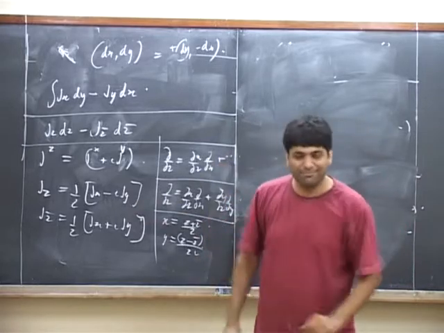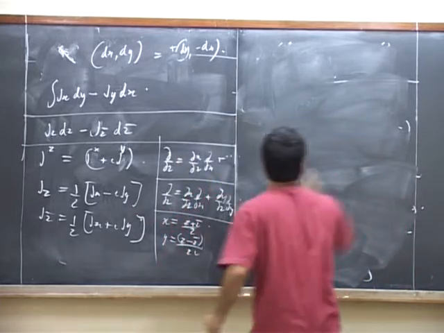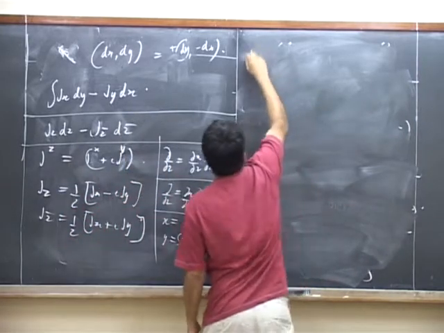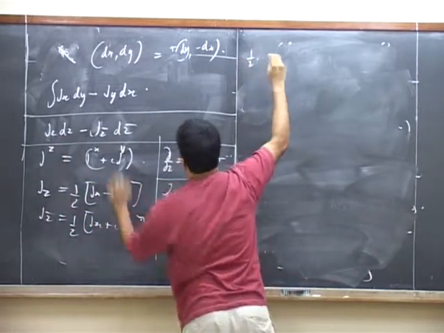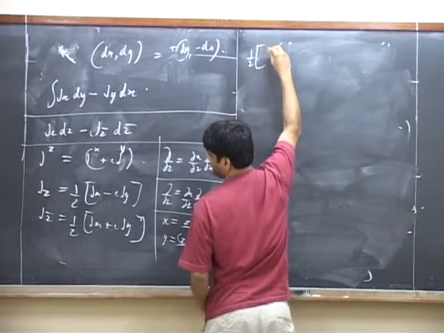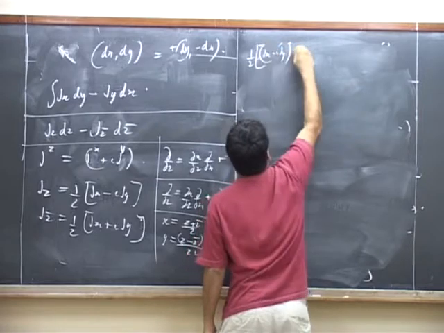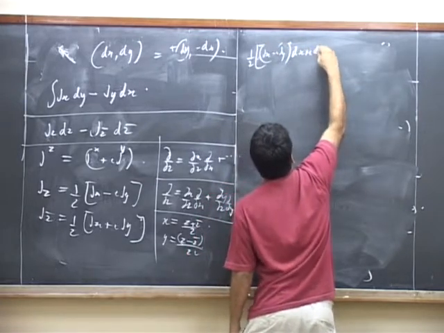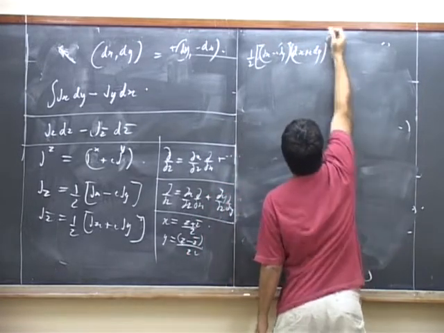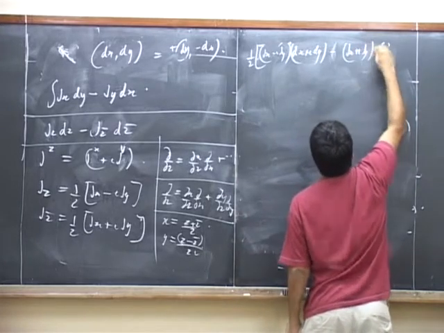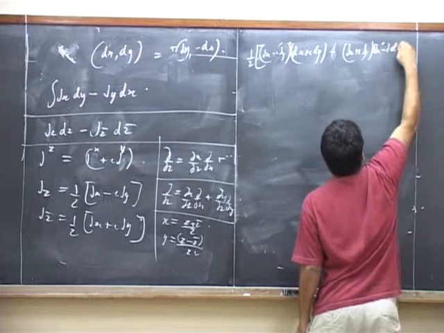But when things are so straightforward, you don't do fancy. So let's look at this expression. This is half of (jx minus ijy) into (dx plus i dy), minus (jx plus ijy) into (dx minus i dy).